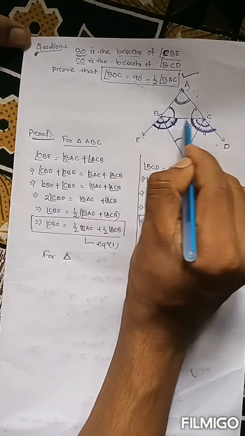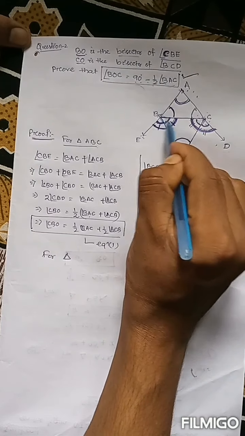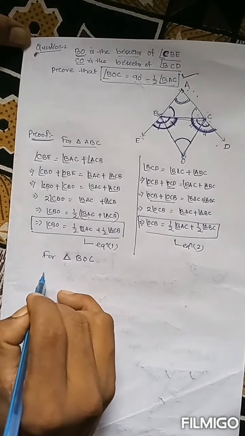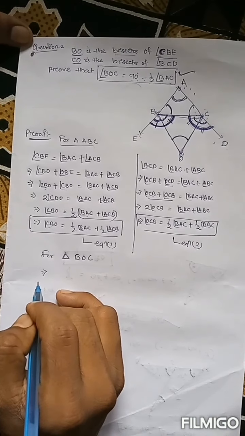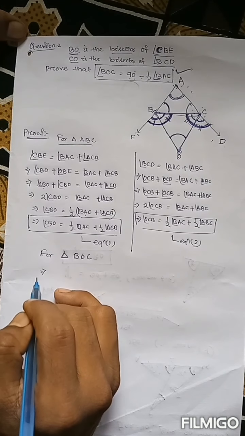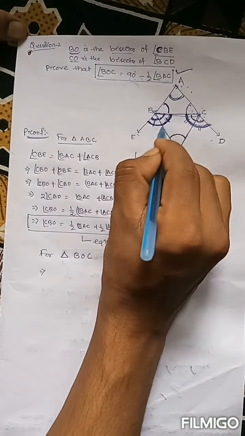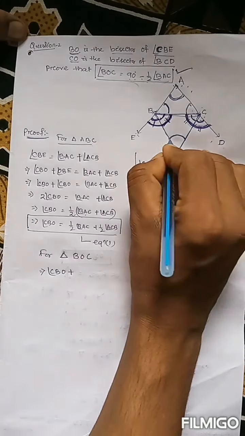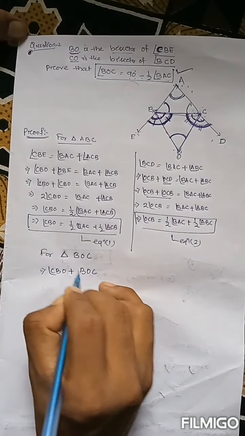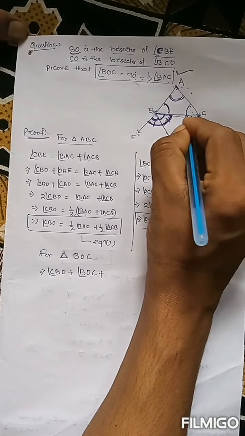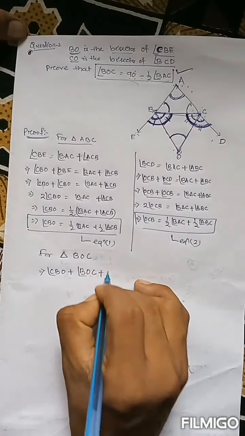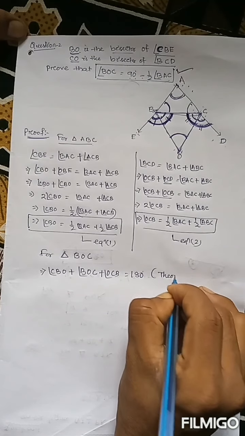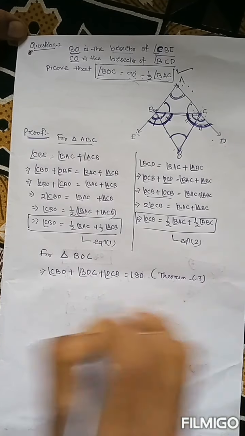We will consider which triangle? This triangle, right? So for the triangle BOC, as we know, the sum of three angles of a triangle is equal to 180 degrees according to theorem 6.7. So you can write this angle means CBO plus this angle means BOC plus this angle means OCB is equal to 180 degrees, okay, due to theorem 6.7.